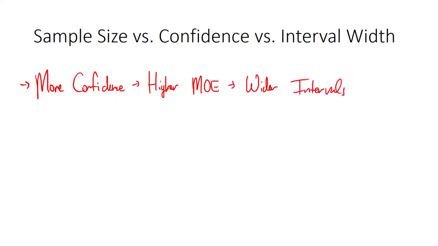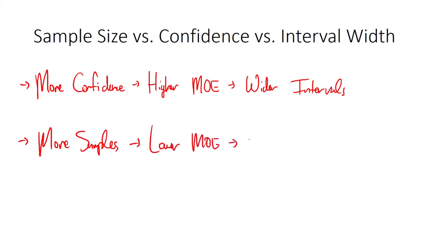That's the idea. But you can control it a little bit. What you could do is, if you want to take more samples, then that'll work against the confidence by giving you lower margins of error and narrower intervals.